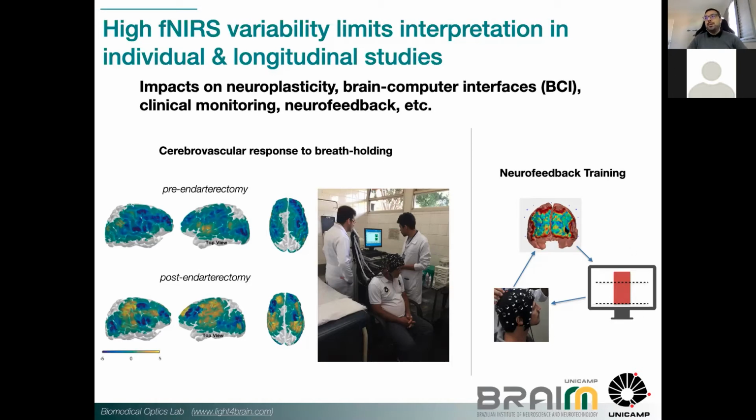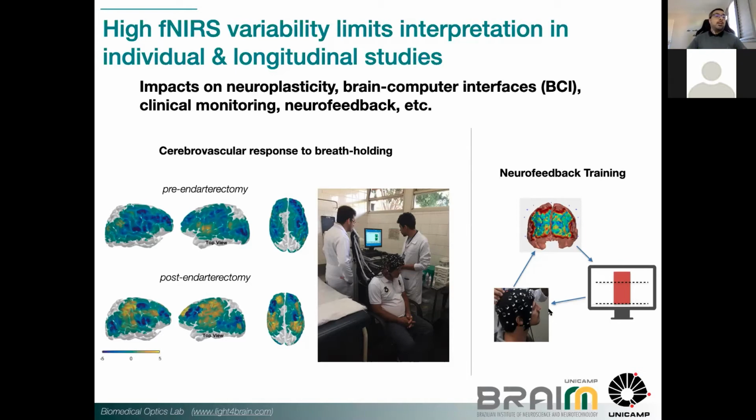By looking at how the brain responds to, for example, attention, you can try to use this information to modulate attention over time, right? So this is very specific to any individual, and the group average won't help much here as well. Right? And you go through a lot of training sessions during neurofeedback training. So you want to be able to compare over time. It's a longitudinal study as well.